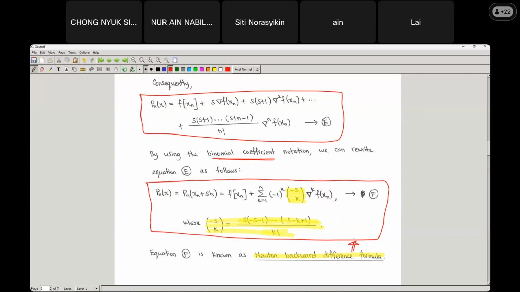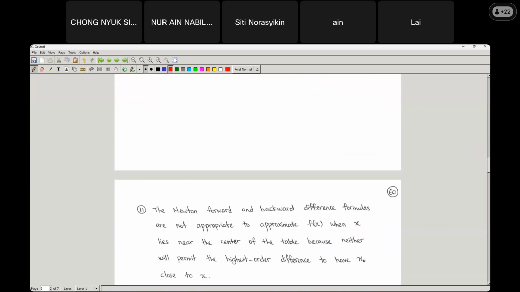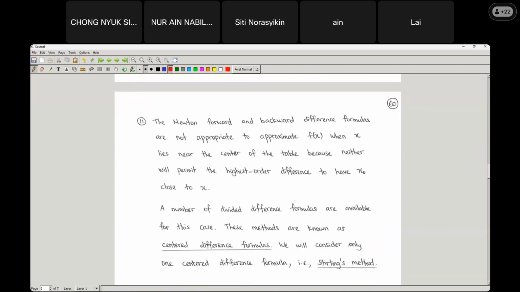All right. Next, you learned about forward, you learned about backward. Now we want to learn about the center. The Newton forward and backward difference formulas are not appropriate to approximate f(x) when x lies near the center of the table.